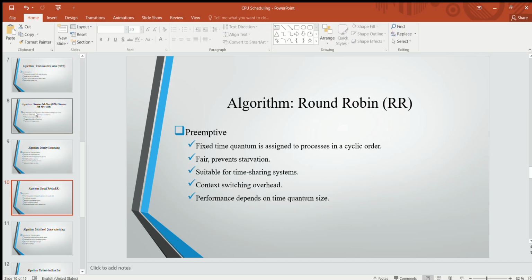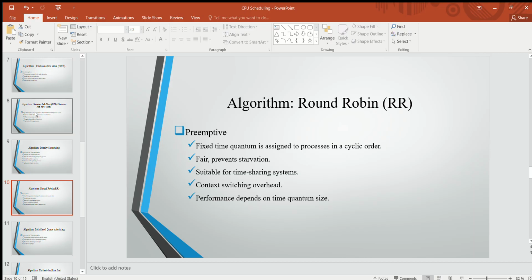Then we have the round robin. Round robin is preemptive and it gives a fixed time quantum to the processes in cyclic order. When we say fixed time quantum, we could also say defined time quantum or time slice. It gives each process an equal time slice.